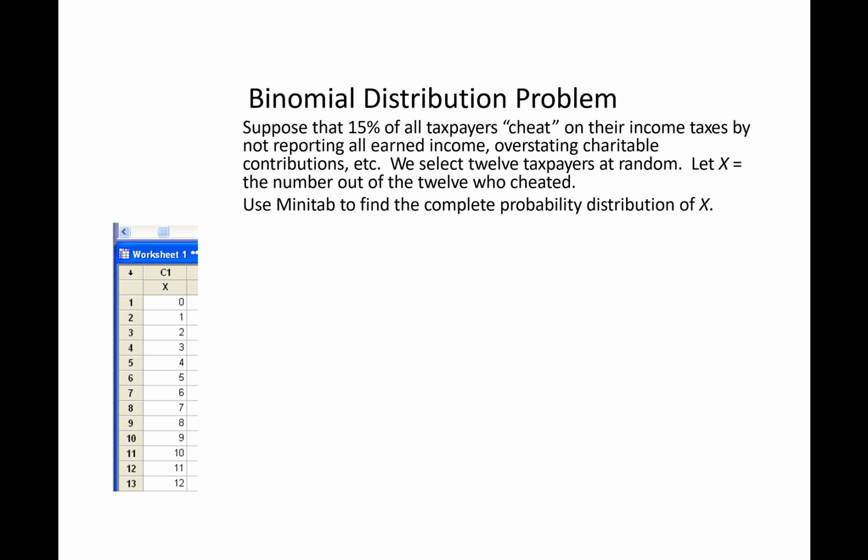All of this is very cool, but there's even more we can do. Let's look at the probability distribution for all of the values of x. We can do that in Minitab by making a column that is called x, and it has all the values that the random variable can take on. So 0, 1, 2, 3, 4, all the way up to 12. You can just type these in, or you can figure out some way to make Minitab do that for you.